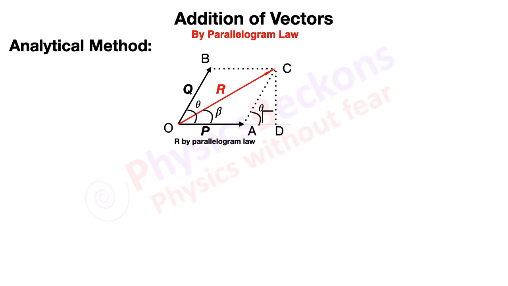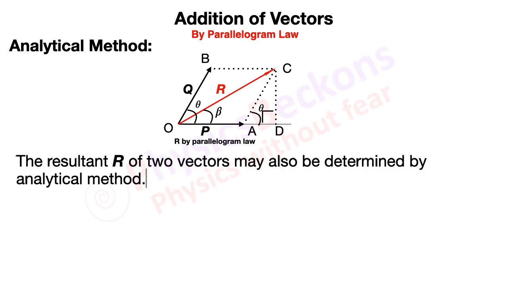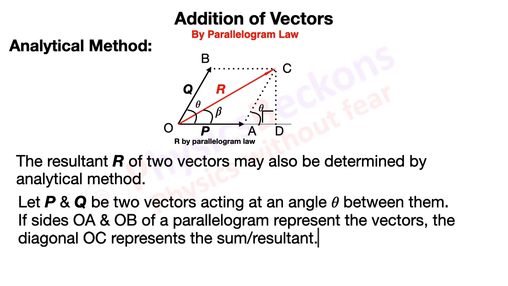the vector P is represented by side OA and vector Q by side OB of a parallelogram. The resultant of two vectors we can find out as explained here. P and Q are vectors acting at an angle theta.